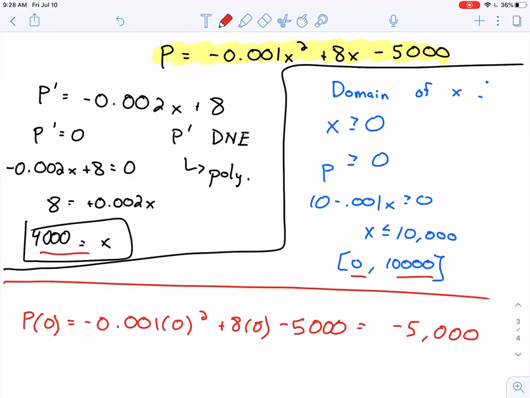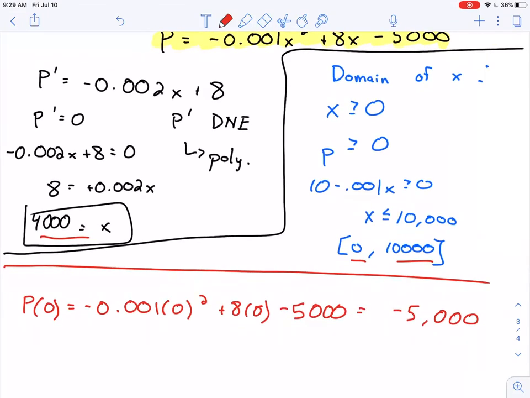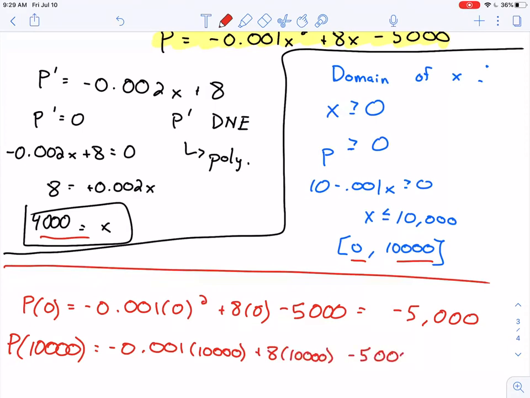That's not a very successful business. That means I'm losing $5,000. Okay, well, maybe 10,000 will give me a better outcome. P of 10,000, let's plug that into our profit equation. So negative 0.001 times 10,000 squared plus 8 times 10,000 minus 5,000.